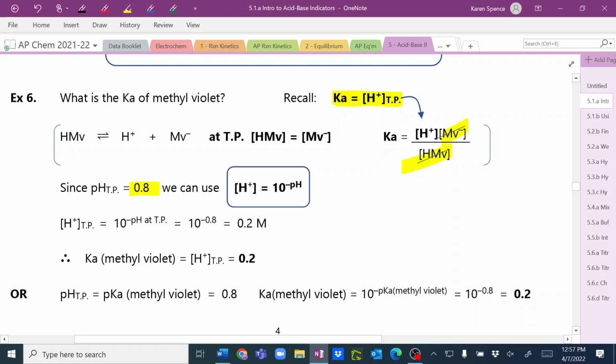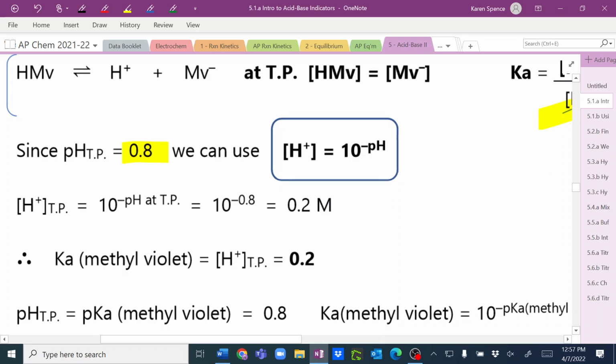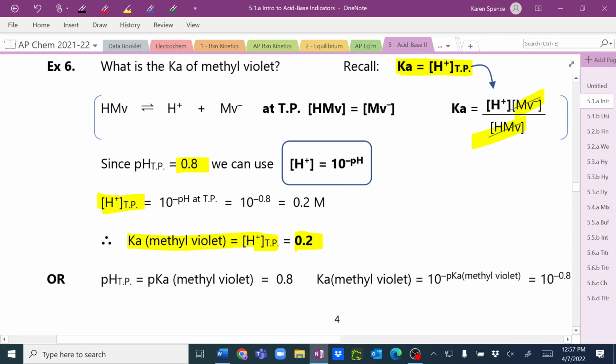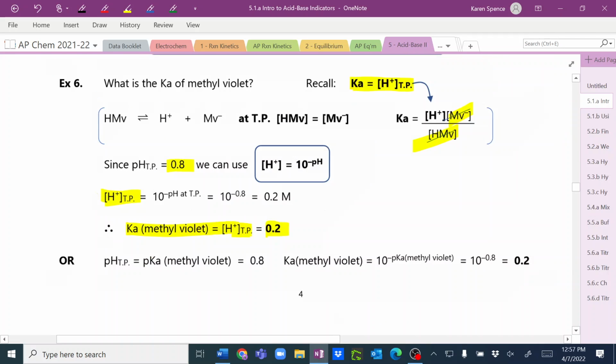Hydrogen at the transition point, 10 to the negative 0.8, gives us 0.2 molar. So that means that I know the Ka, because the Ka is equal to the hydrogen at the transition point. How easy was that? Hopefully easy. Or you could do it the other way.